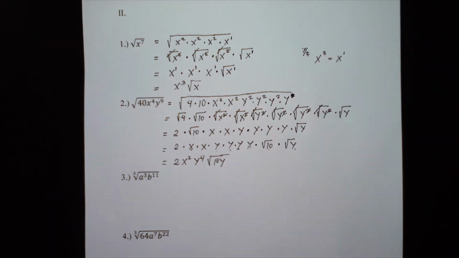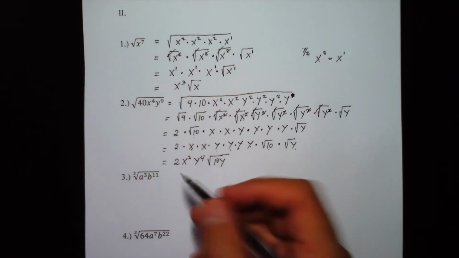So that is the simplified form of the square root of 40 x raised to 4 y raised to 9. Okay, so let's have example number 3.